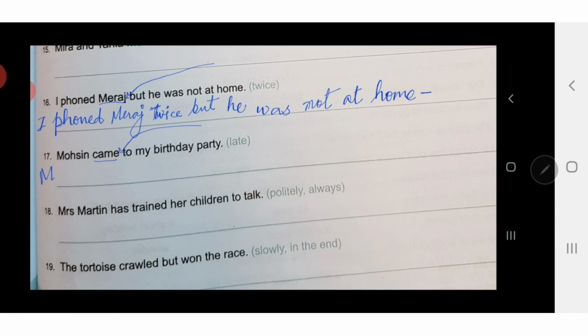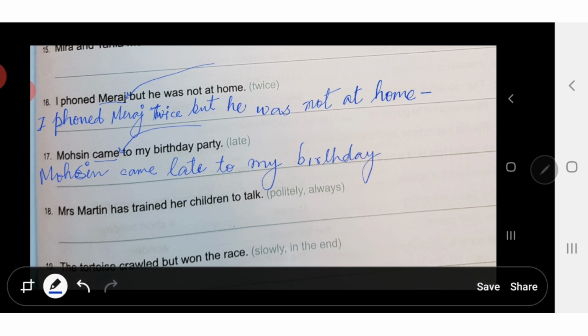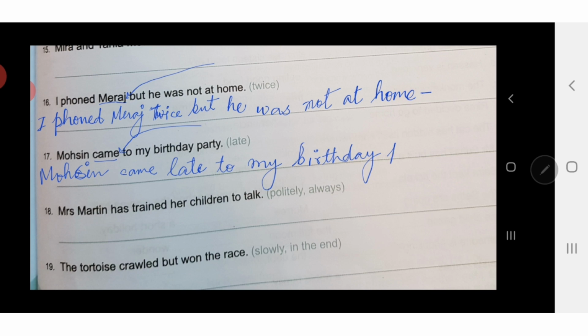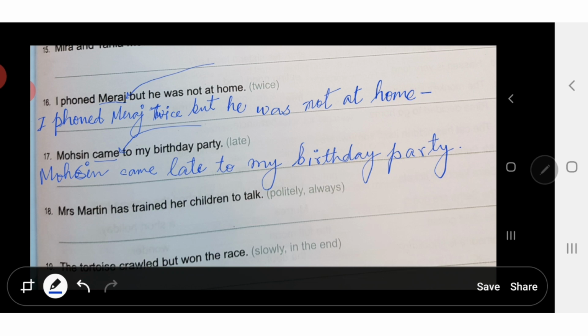It will become: Mohsen came late to my birthday party. Okay, now let's come to number 18.